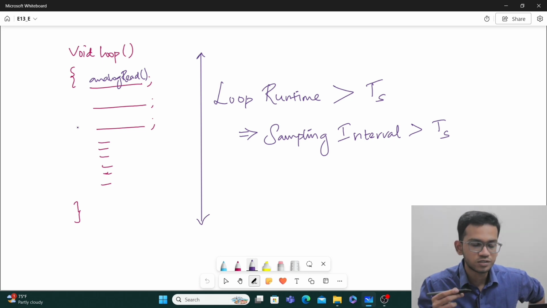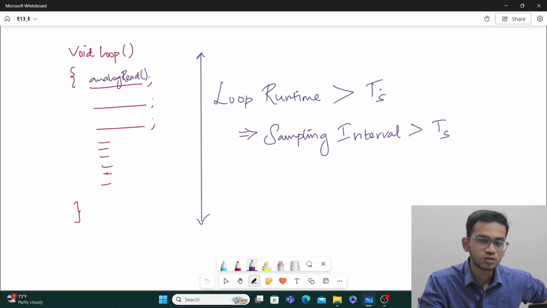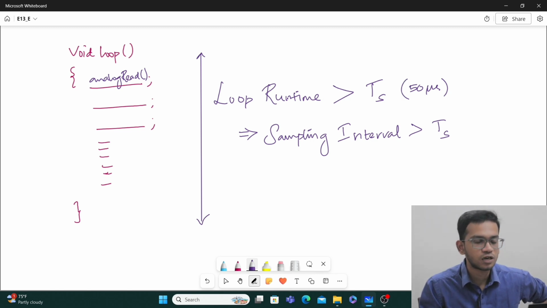We discussed two cases earlier which are of less trouble. However, there is a troublesome case which will arise when your loop runtime is greater than your switching period, which in this case is 50 microseconds. When I say that my loop runtime is greater than 50 microseconds, I simply mean that my sampling interval is greater than my switching period.